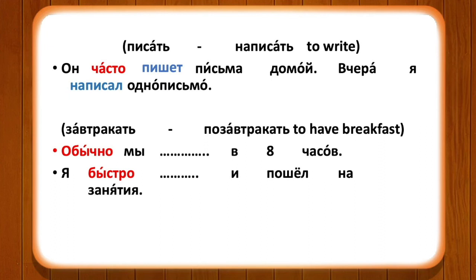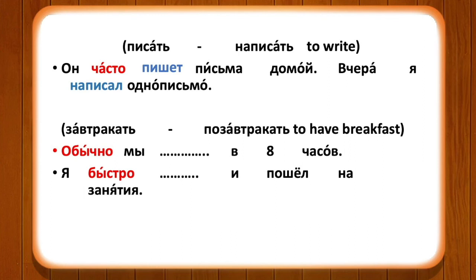Again, this adverb indicates an action that is taking place more than once or regularly. So to denote such actions, we will be using the verb of imperfective aspect, which is zavtrakat'.